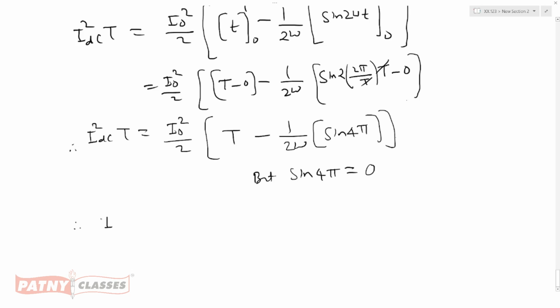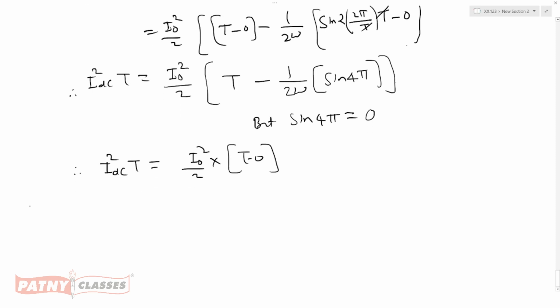Therefore, I dc square into T equals I naught square upon 2 multiplied by T minus 0, which implies I naught square upon 2 into T. Now both sides capital T get cancelled.